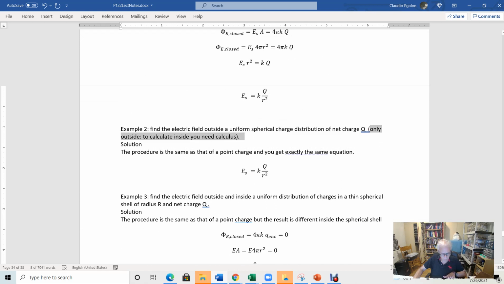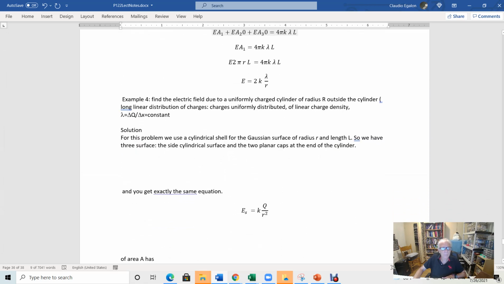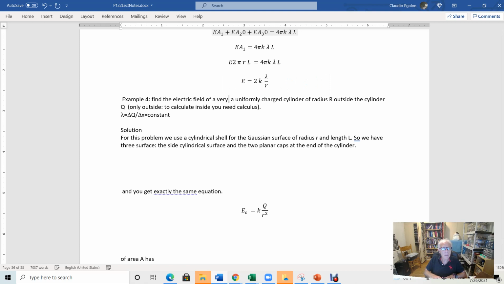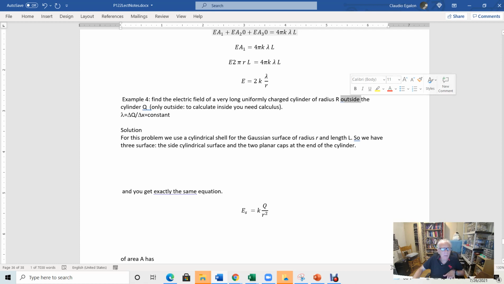To calculate inside, you need calculus, just like the other situation. Field of a very long uniformly charged cylinder of radius r. Electric field outside, here you go.